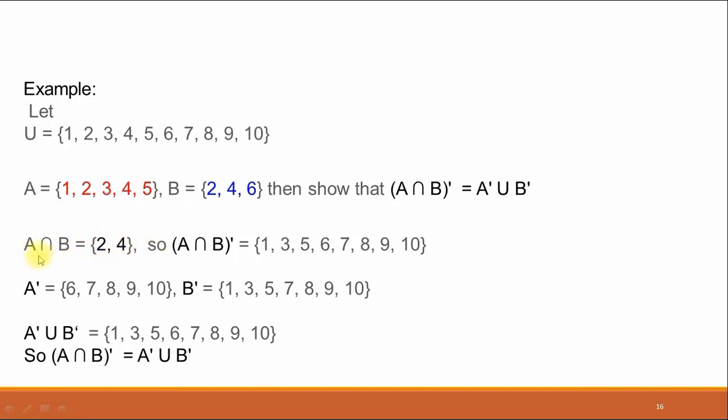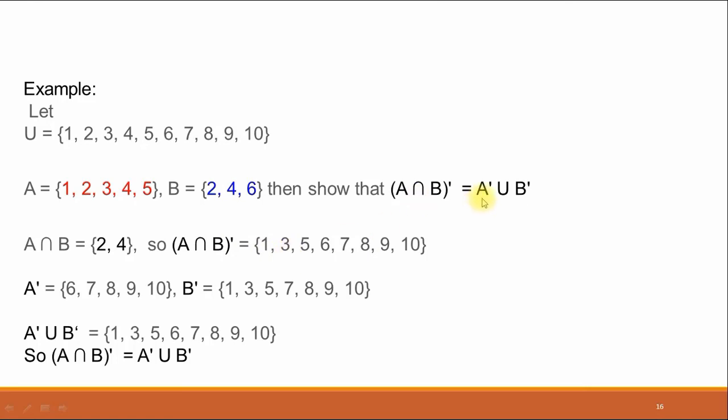Now the complement of A ∩ B means the universal set minus A ∩ B. Cancel these two elements 2 and 4 from the universal set and write the remaining elements 1, 3, 5, 6, 7, 8, 9, 10. So this is the (A ∩ B)' set.